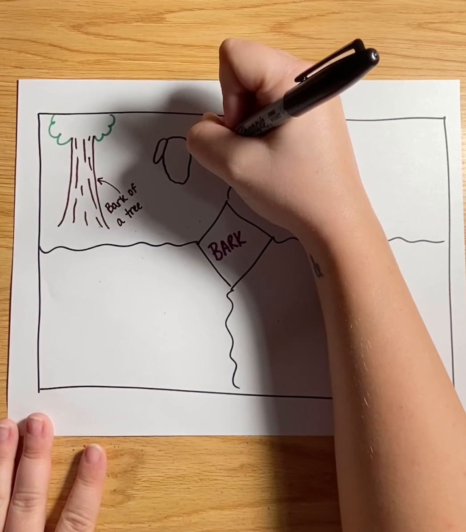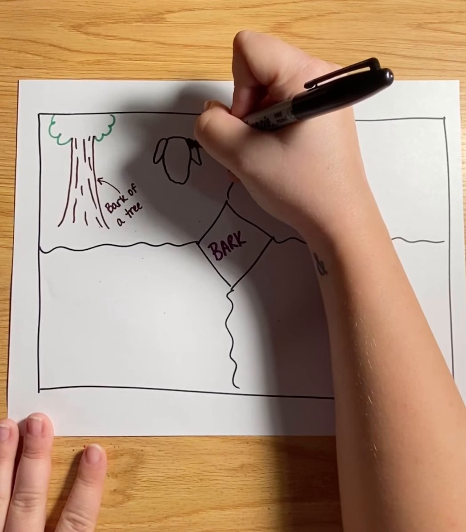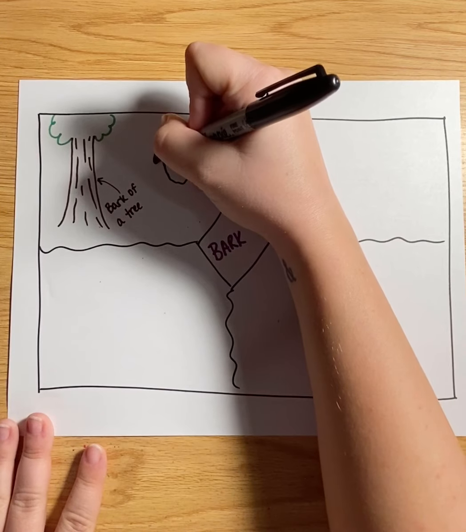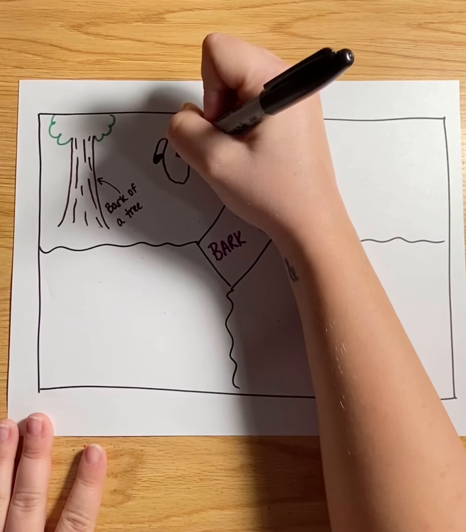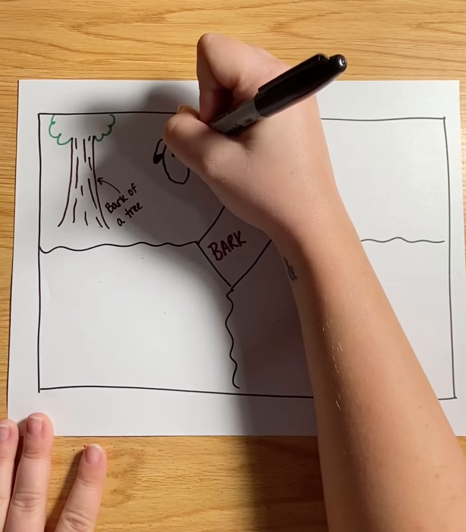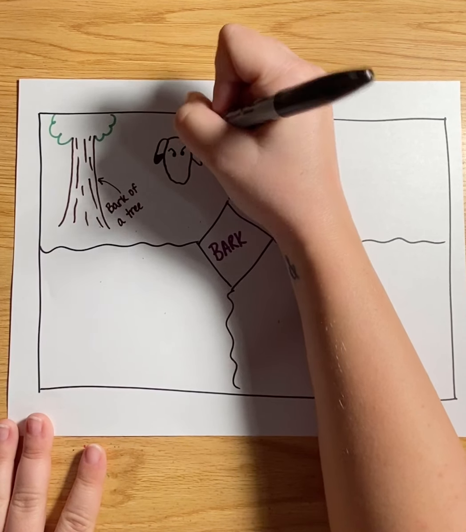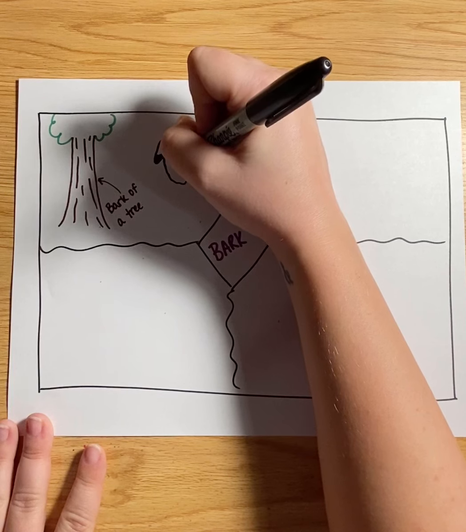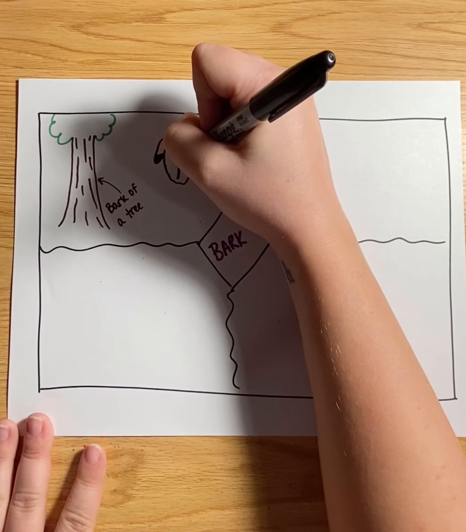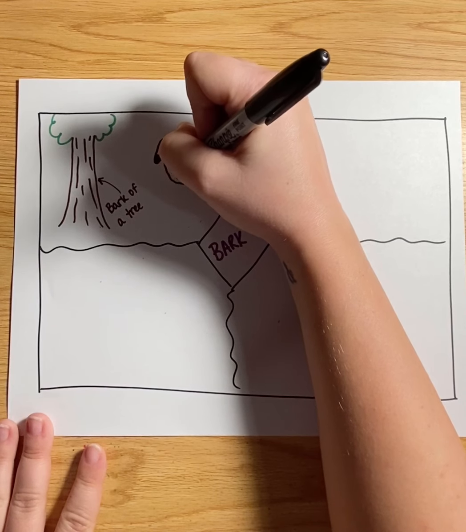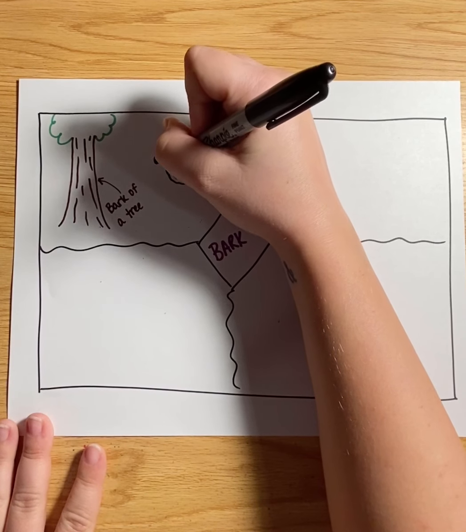Speaking of bark, there's Lucy at my door. Hear her ringing the bell? Oh, she looks angry. I didn't mean to make her look angry. Sorry. She looks really mad.